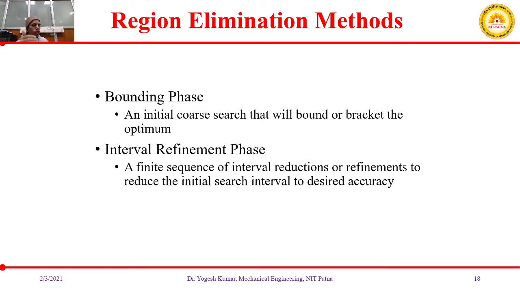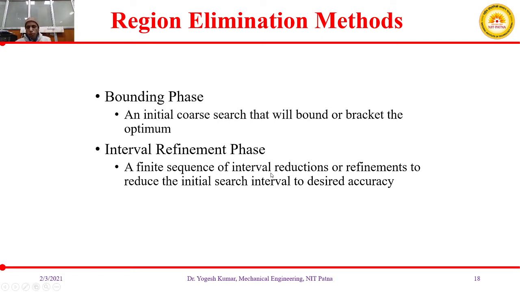But in internal refinement phase, we are refining our bounding phase by a finite sequence of intervals. Okay, so here the step size is very low. This internal refinement size depends upon the accuracy which you desire from your solution.